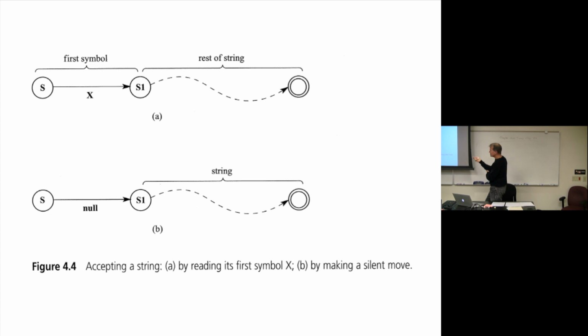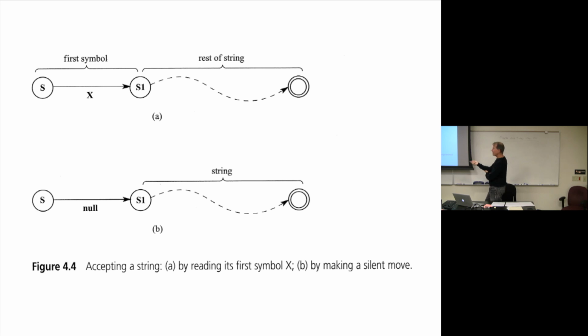That's correct. So what it's saying is we can go from S to the final state if we can go from S to S1 on the first symbol X, and then we can go from S1 to the final state. So it's kind of like S1 becomes our new start state. Do you see what I mean? S1 is the new start state for the rest of the string.